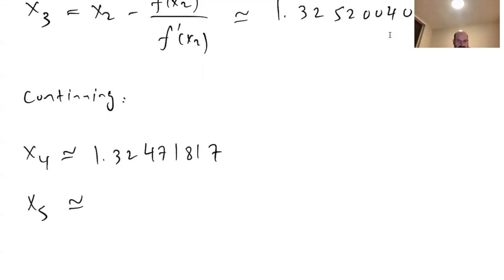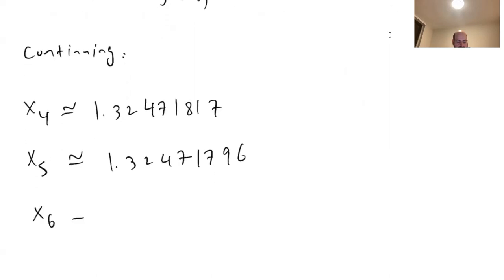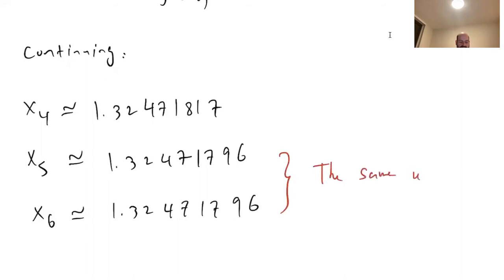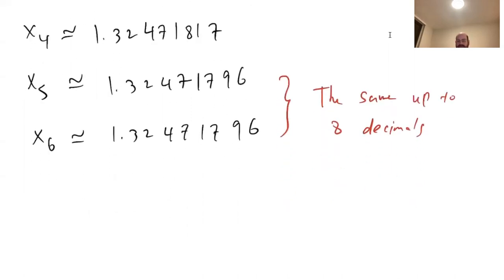x5 almost equal to 1.32471796. x6 almost equal to 1.32471796. So x5 and x6 are the same number up to 8 decimals. That means the root up to 8 decimals is the same number actually.